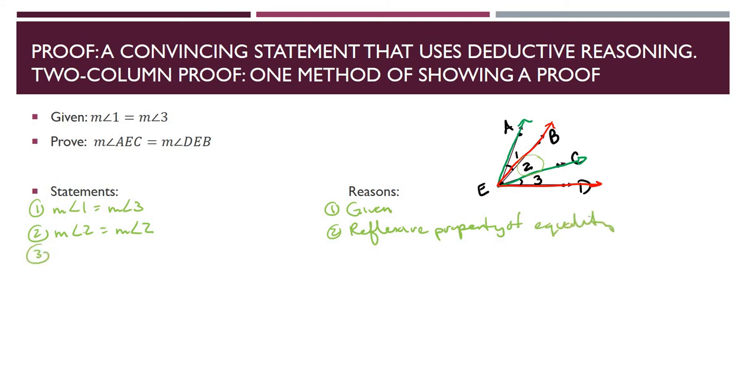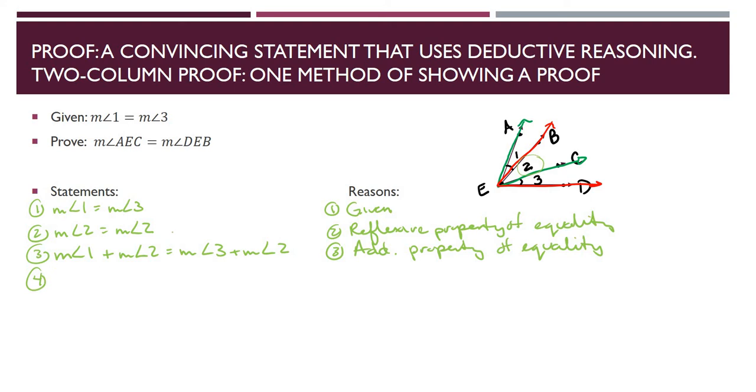Step 3. I'm going to say that the measure of angle 1 plus the measure of angle 2 equals the measure of angle 3 plus the measure of angle 2. And I hope you know that this is the additive property of equality. I can add the same thing to both sides. All right, let's look at step 4.